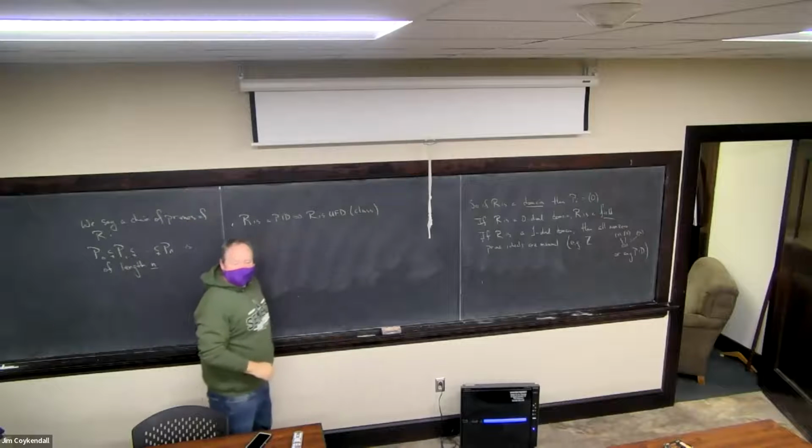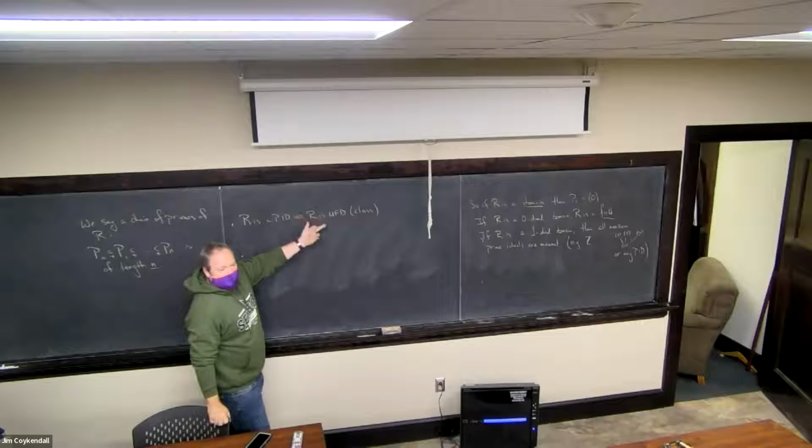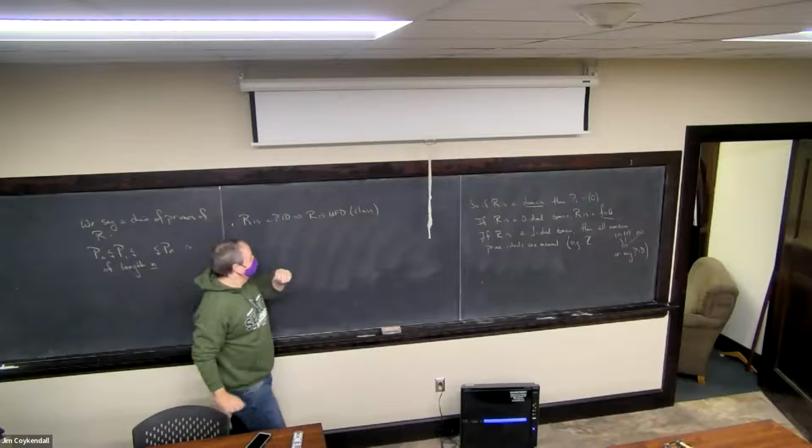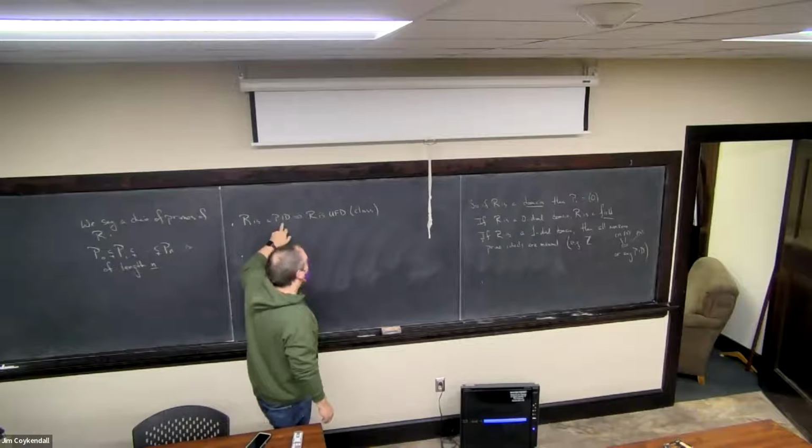I think we did that actually in class, because to show a PID is a UFD, you have to show that every non-zero prime ideal contains a non-zero prime element. But every non-zero prime ideal in the PID is generated by a single element, which is prime, so, okay, right? And we need to show that the dimension is less than or equal to one.